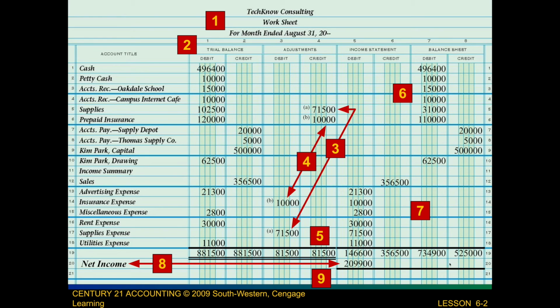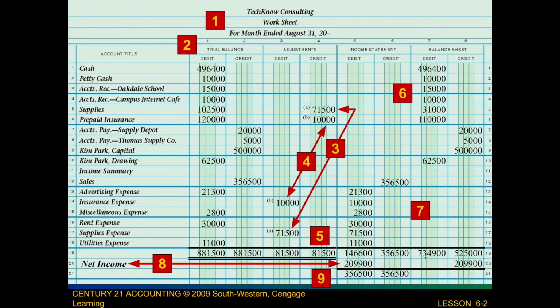Once we've recorded that number, we then bring that number over to the balance sheet credit column, and then if we take the total of the income statement debit column and add that to the $2,099, that will give us $3,565, which is the same number in the income statement credit column.